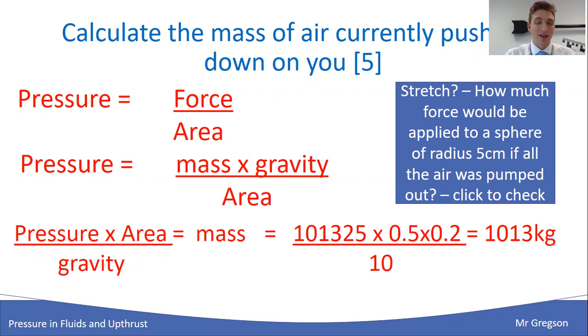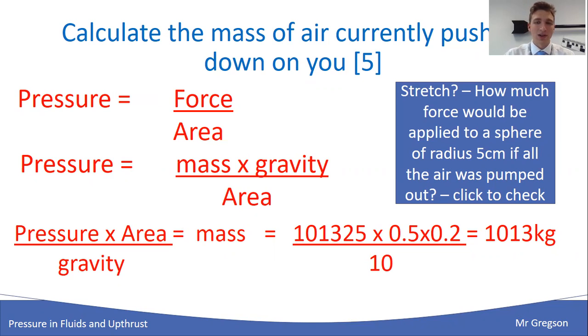And if we put in the atmospheric pressure at sea level, 101,325, times that by 0.5 times 0.2, and divide that by 10. So you're taking pressure, and we're timesing that by the area, so around 0.5 meters by 0.2 meters.